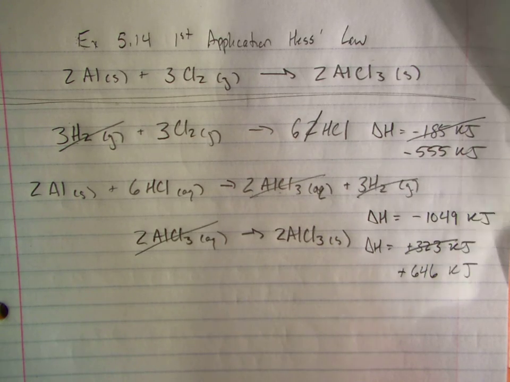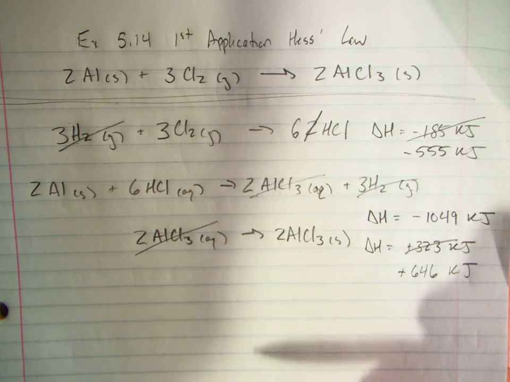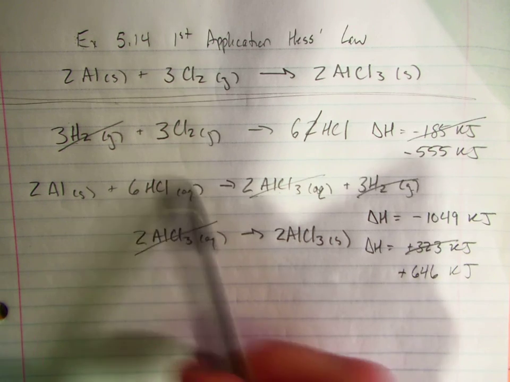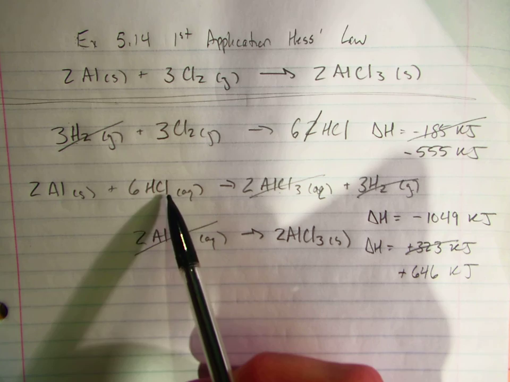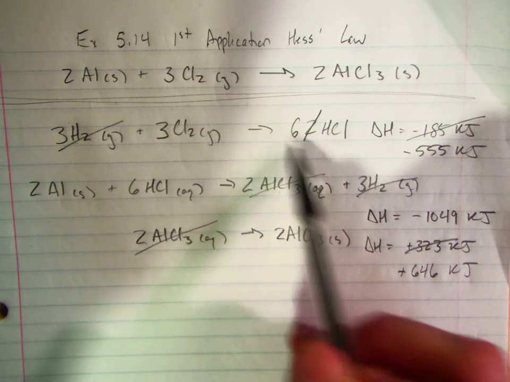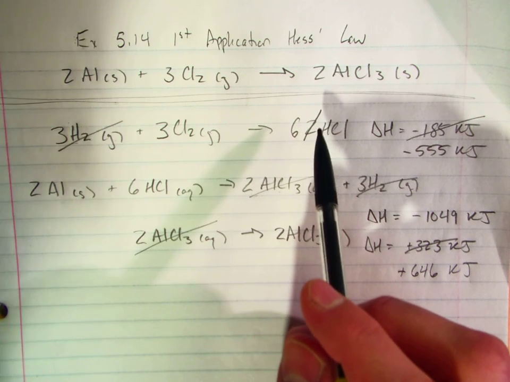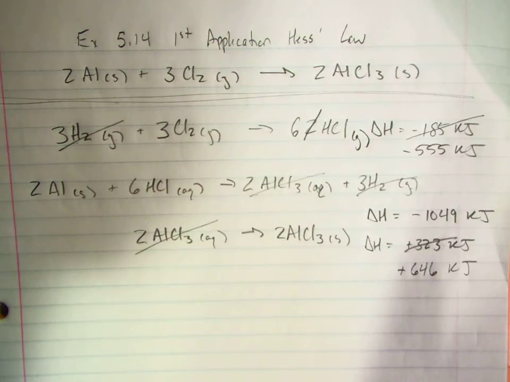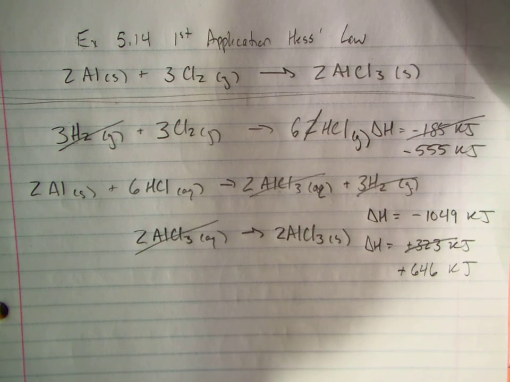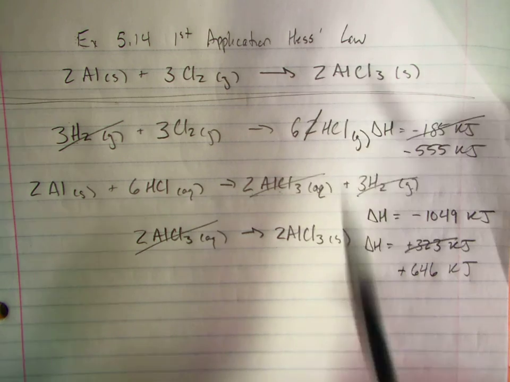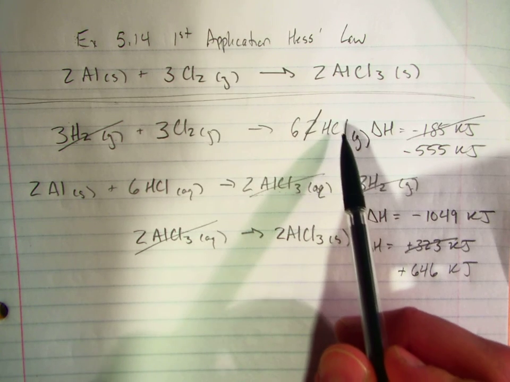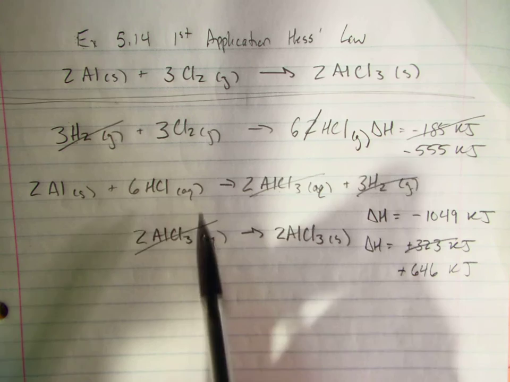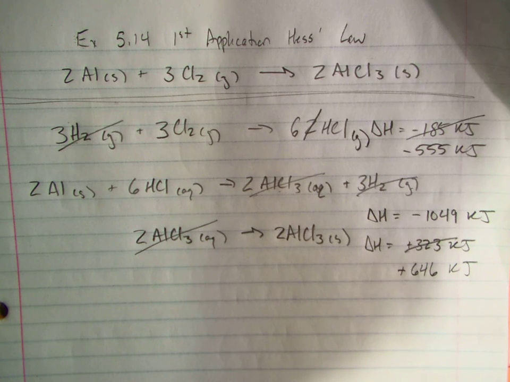But if I stop now and I look at my reactants and my products, I've got those 6 aqueous HCl's on the reactant side, and these 6 HCl's on the product side, which I actually forgot to fill in gas phase for those, because otherwise they may have canceled one another out. But those which came from reaction 2 are in the gas phase, so they can't cancel these that are in the aqueous phase.